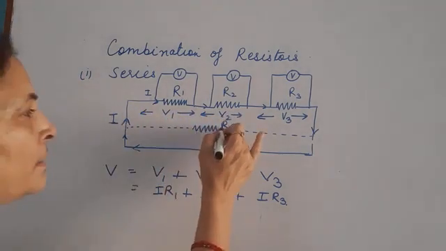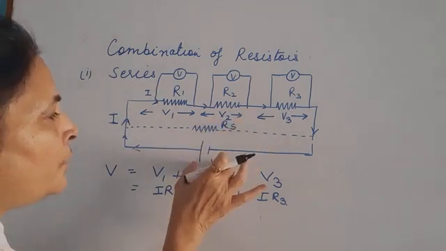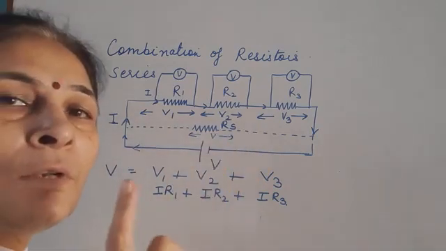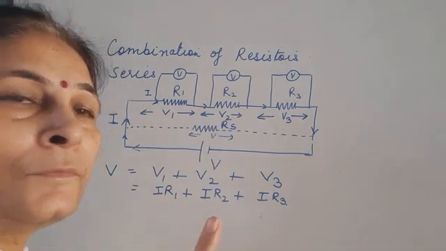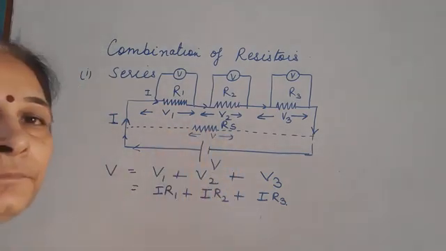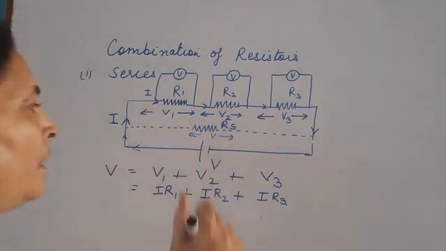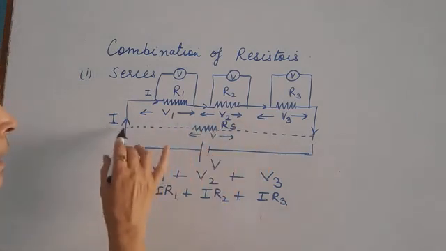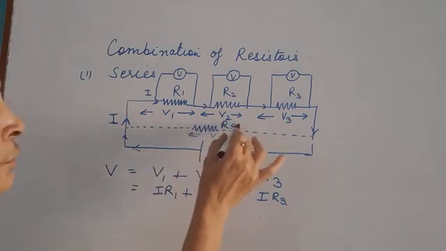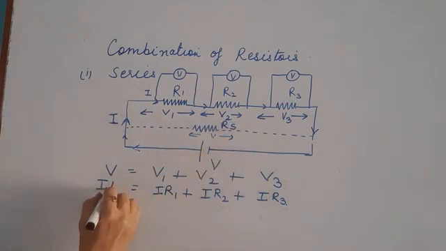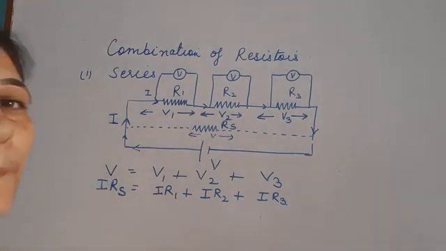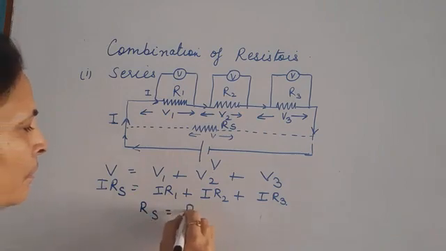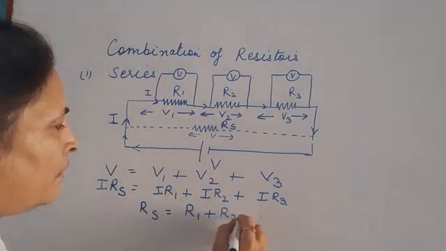Now when I take the resistor in series combination as RS, the whole potential will drop across RS itself, because there is only one resistance. So the whole V is across RS only. If I use Ohm's law, V is now I into RS.